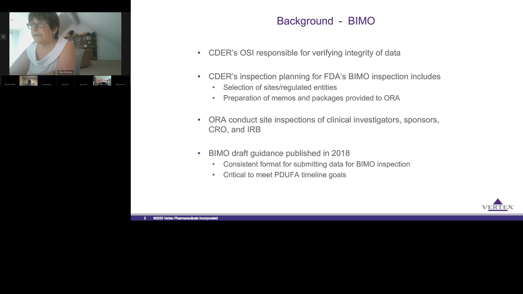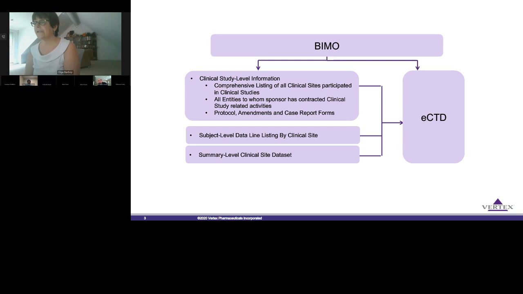In February of 2018, FDA published a draft guidance on the standardized format for bioresearch monitoring, BIMA. BIMA has three main components as per guidance: clinical site level information, subject level data listings by clinical site, and summary level clinical site dataset.